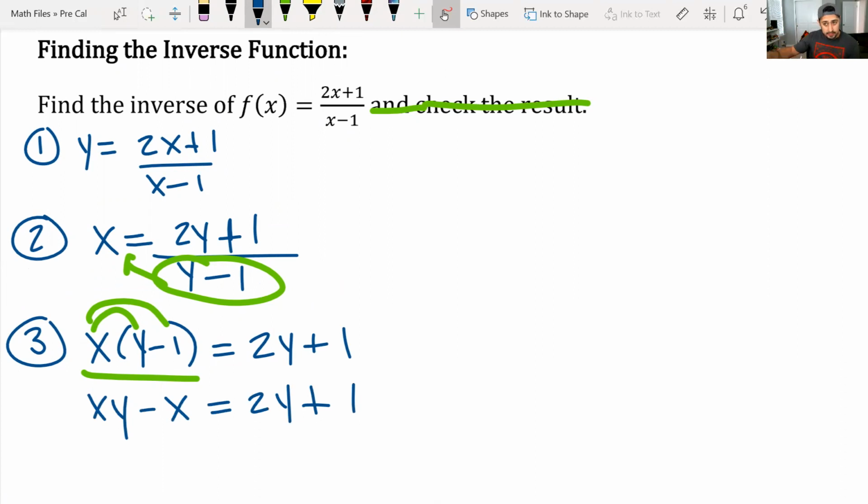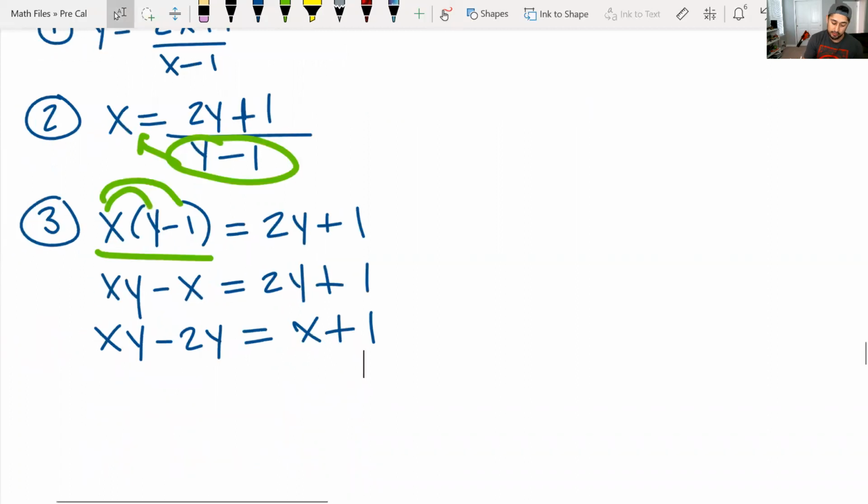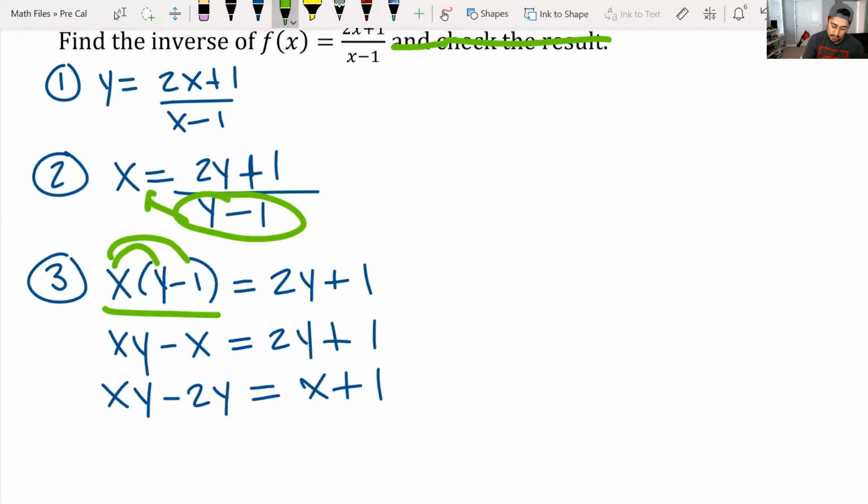Okay, remember that you're still solving for y, so put your y terms together. This means 2y is coming to the left side. So I'm going to have xy minus 2y equal to x plus 1. So I moved x over to the right, 2y to the left, and now remember we're still solving for y, so your greatest common factor here on the left side happens to be y.